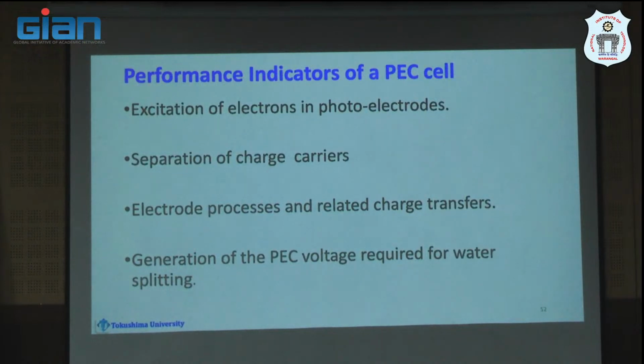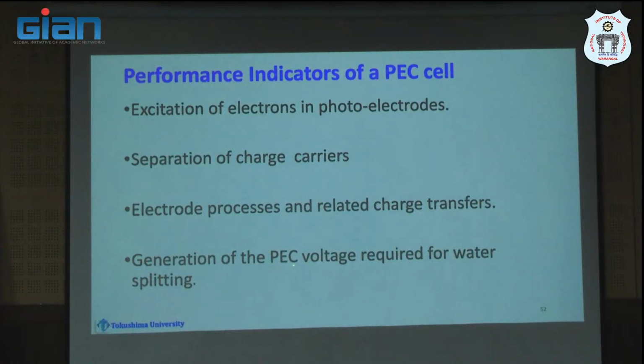How this electron is excited decides the performance. Then the separation of charge carriers, the positive and negative charge carriers, and the electrode process and related charge transfer, how electrons jump from one electrode to another. This way, you can get good performance.